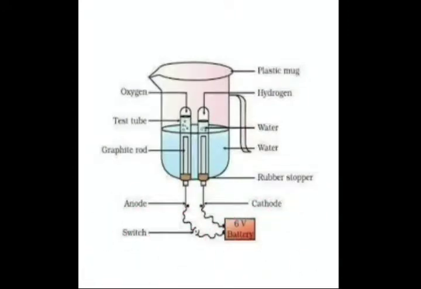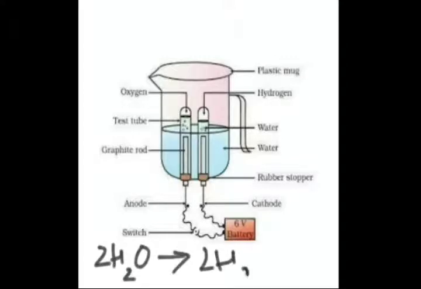So what is the reaction that is taking place? That is 2H2O. This water splits up into its constituents, 2H2 plus O2, by the passage of electric current. Is that clear? I have told you about the anode and the cathode also, the positive electrode and the negative electrode, and how hydrogen is obtained where and oxygen is obtained where.